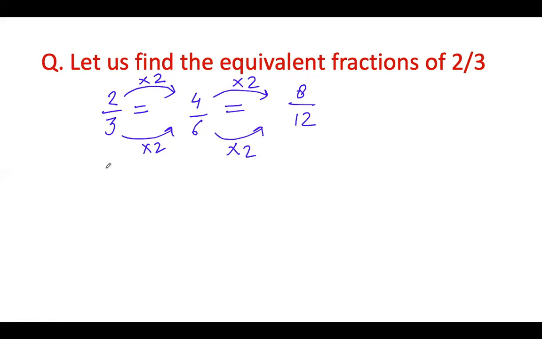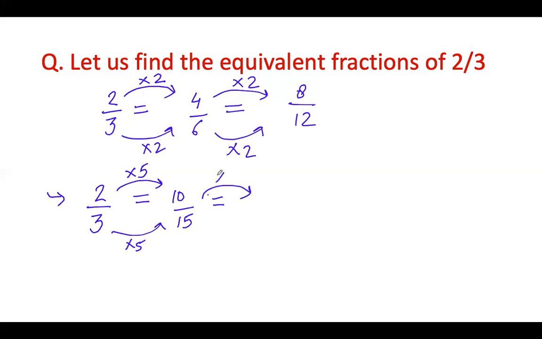Let us take different multiples of 2/3. So I hope you understand well. So when we take a multiple of 5, we get 10, and again multiple of 5, we can get 15. So it is an equivalent fraction of 2/3. So when we again find the equivalent fraction of 10/15, we multiply by any number.